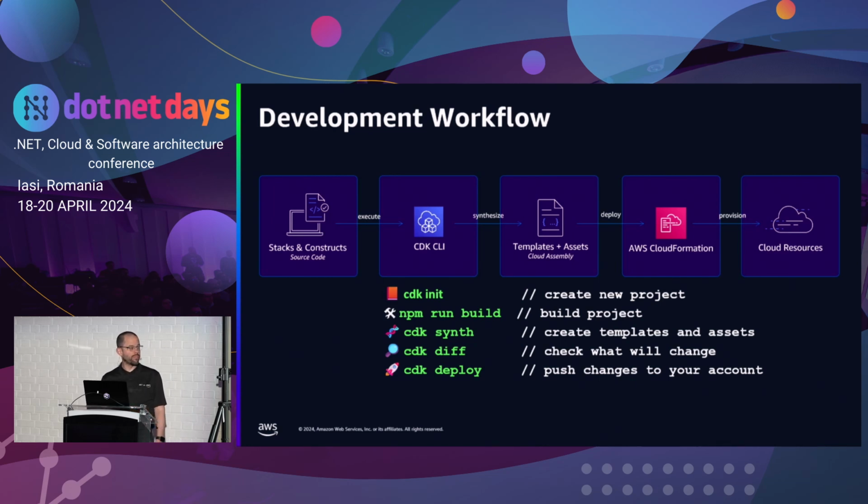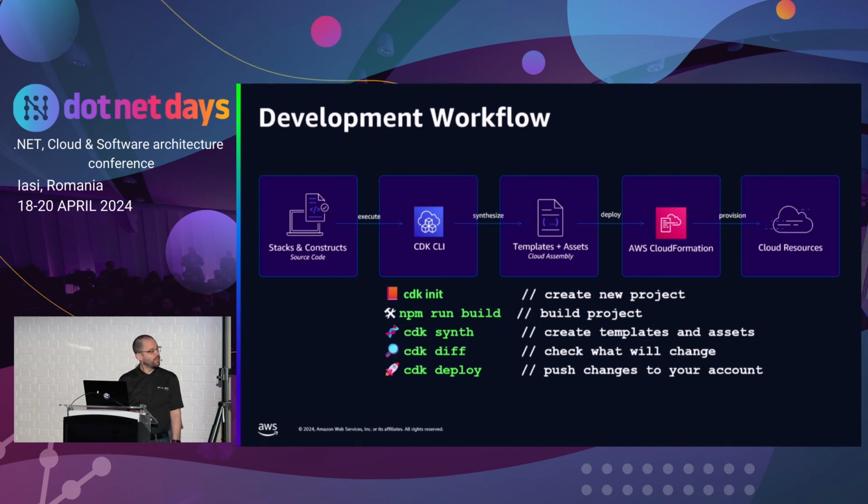To bootstrap a new project, you would run the cdk init command, the same as dotnet new. As we are not using TypeScript or JavaScript, we don't need to run npm run build. We can move directly to the next command, cdk synth, which is the equivalent of dotnet build.